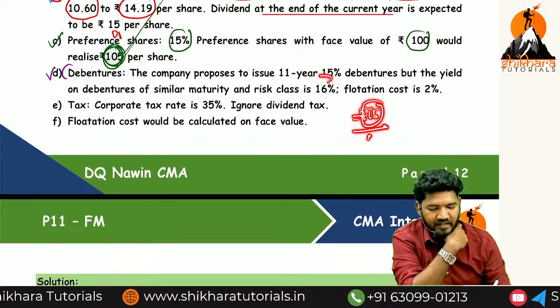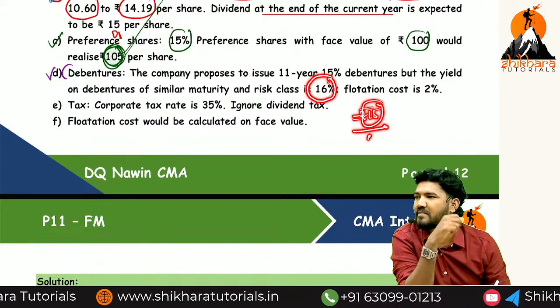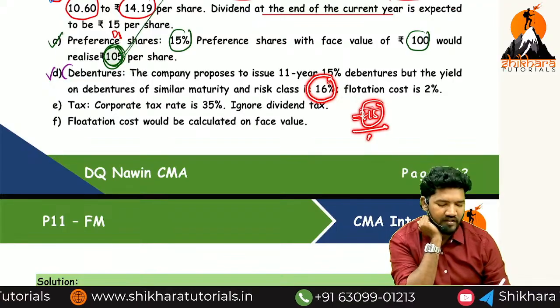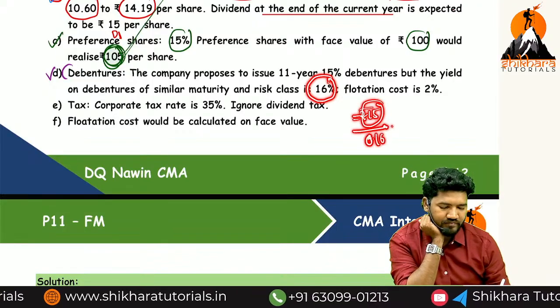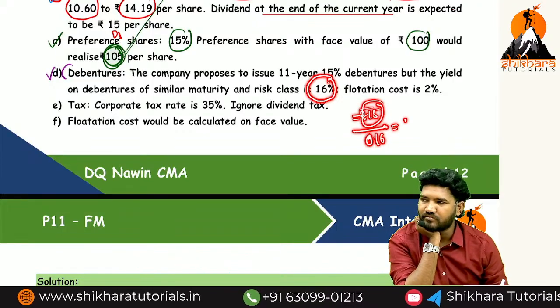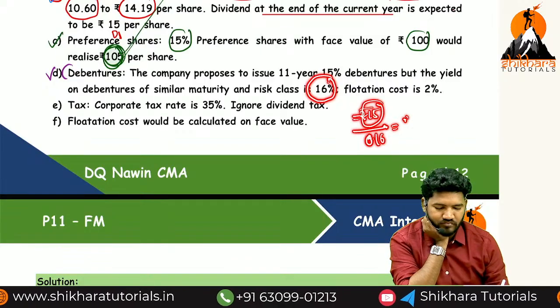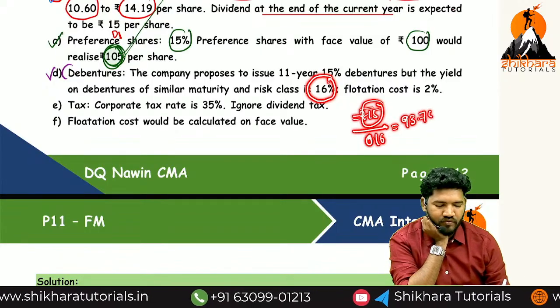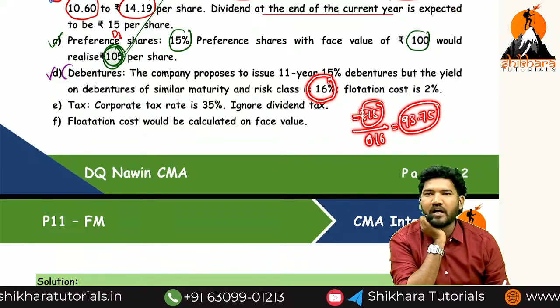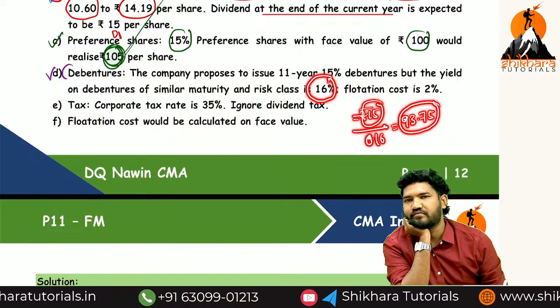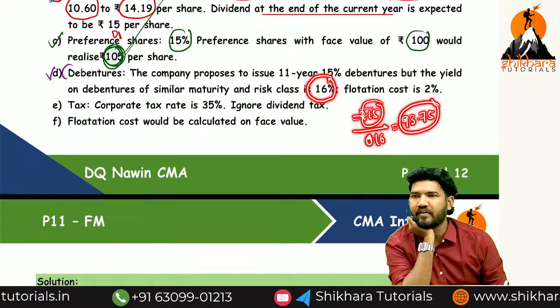Which percentage of value do you need? 16%. That's why I am dividing by 0.16. How much? 93.75. Even at 93.75 they are not purchasing; we are issuing at a discount only.